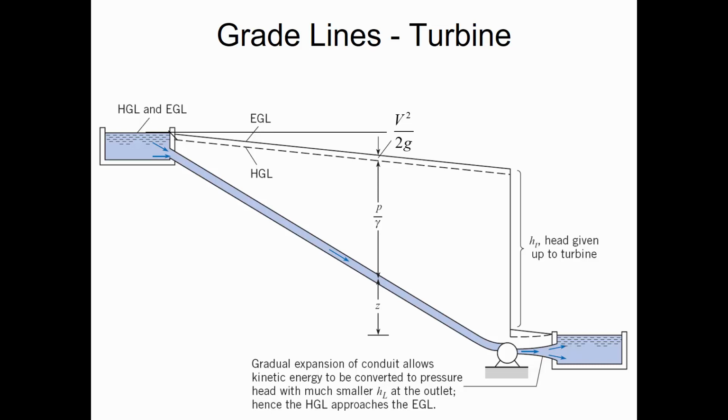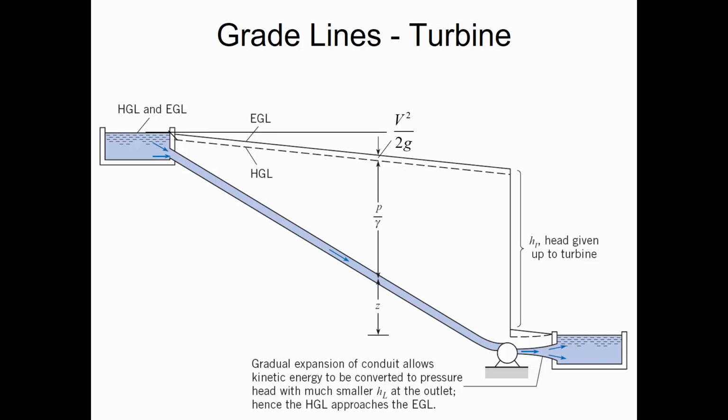So pumps add pressure, turbines extract pressure. They take out pressure and turn it into electricity. So here's a turbine. We've got some elevated reservoir, and the water's flowing through a penstock, and then the water encounters this turbine that is spinning because the water has to flow through it to get to the lower reservoir.